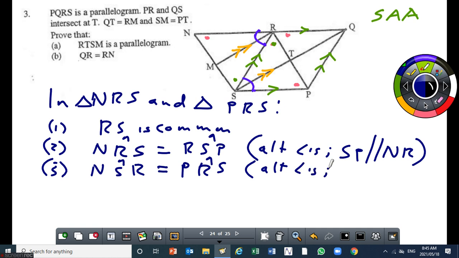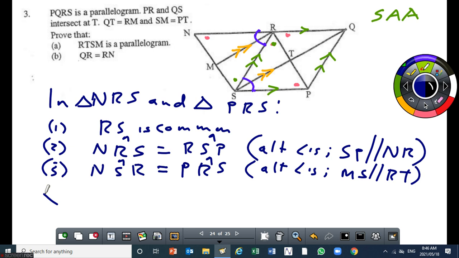Then, your lines that are parallel, if SR is the transversal, it means MS is parallel to RT. You can also write NS is parallel to RP. So it's your choice. So I'm going to write MS is parallel to RT.